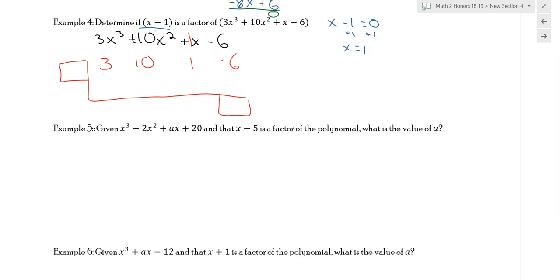So our number we're dividing by is 1. So now we're going to bring it down. 1 times 3 is 3. We get 13. 1 times 13 is 13. We get 14. 1 times 14 is 14. And we get 8.